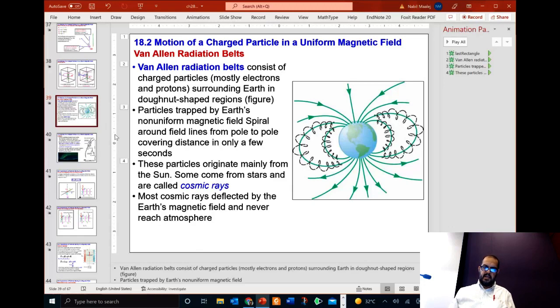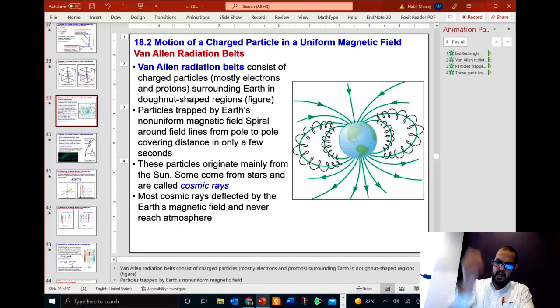You can see here, this is the Earth's magnetic field. These are the magnetic field lines, and these are the charged particles, whether they're electrons or heavy ions or protons, that are circling from one pole to the other.